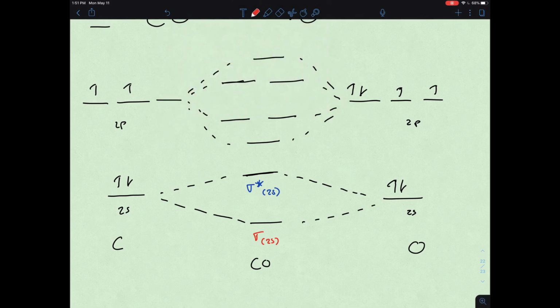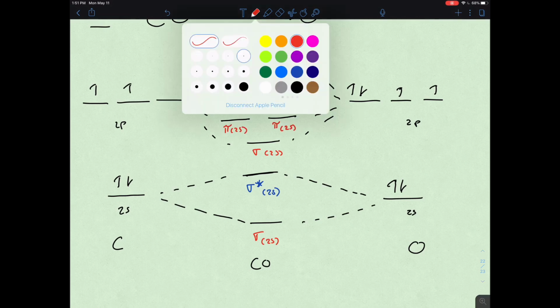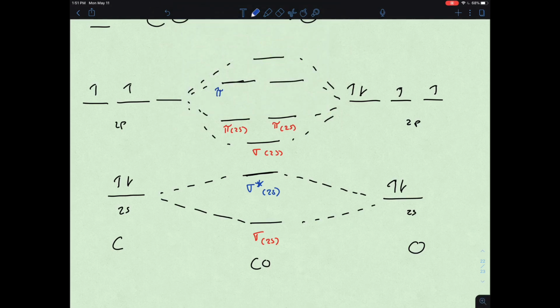So here is our sigma 2s, our pi 2p with the two of them, and then we have the anti-bonding above with the pi stars, and then our sigma star at the top.